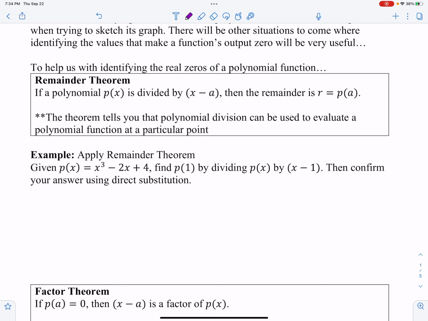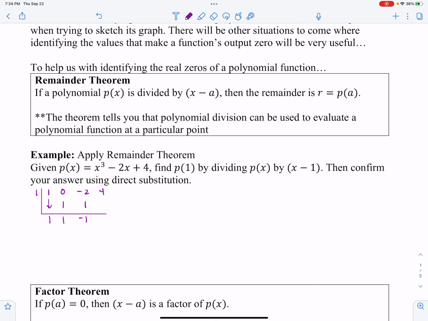division. So that would be putting the 1 there, and then the coefficients of p of x: 1, and I'm putting a 0 there as a placeholder for the x squared term, minus 2, 4. Bring the 1 down, 1 times 1 is 1, add straight down, we get 1. 1 times 1 is 1, and then negative 2 plus 1 would be negative 1.